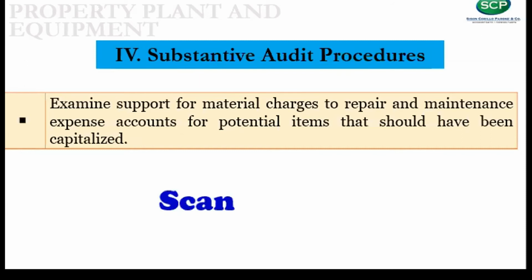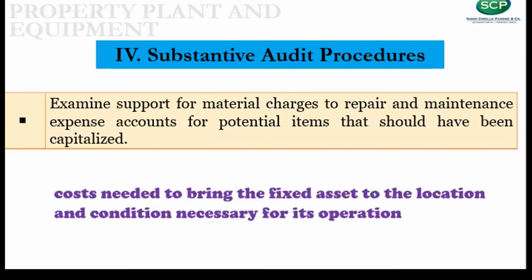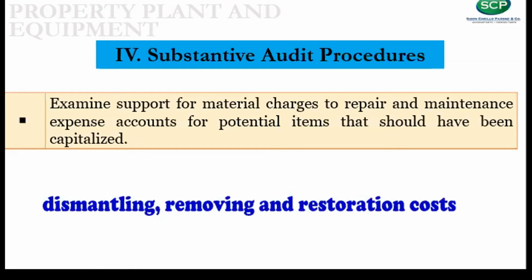PAS 16 provides that the cost of fixed assets comprises the purchase price, including import duties and non-refundable purchase taxes, net of trade discounts and rebates, and any cost attributable to bringing the fixed assets to the location and condition necessary for it to be capable of operating in the manner intended by management. Another factor is the initial estimate of the cost of dismantling and removing the item and restoring the site on which it is located.